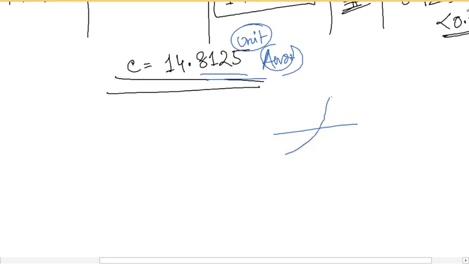This is the function. You have two initial guesses. One is very close to the root, but another one is not. So this is very far from the root, and this is very close to the root. In that case, in each step you are getting values like this one, this one, this one.